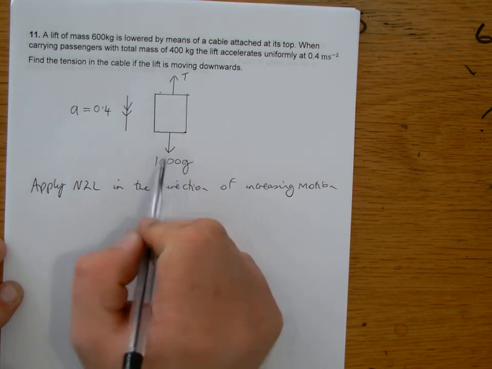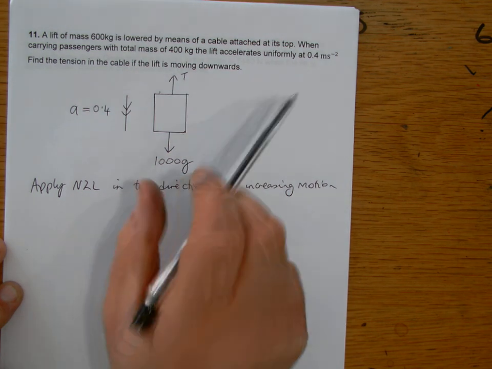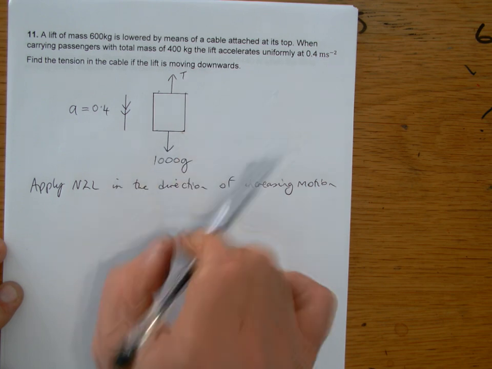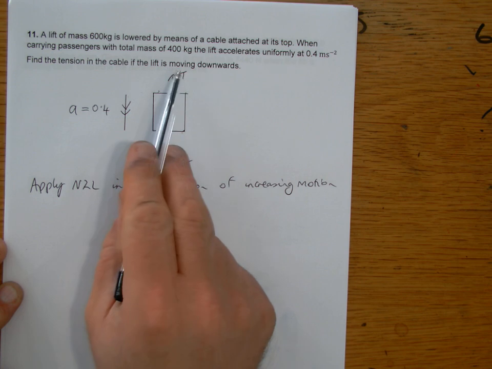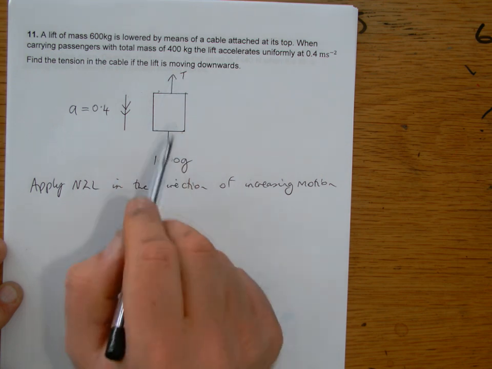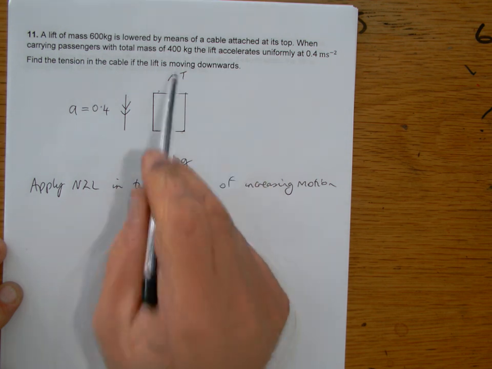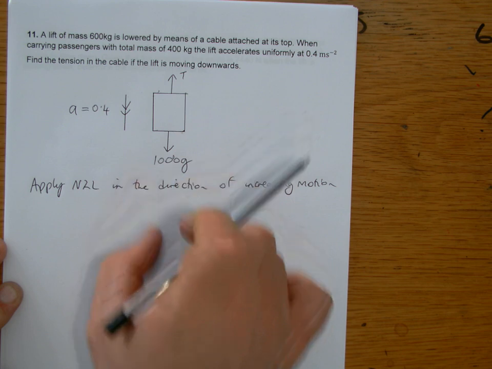So that weight has to be greater than the tension in the cable. In order for the lift to actually move downwards, the tension cannot be greater, because if the tension was greater than 1,000 g, it would lift it and move upwards. So in the case of it moving downwards, the weight is greater than this. So downwards is the positive direction.